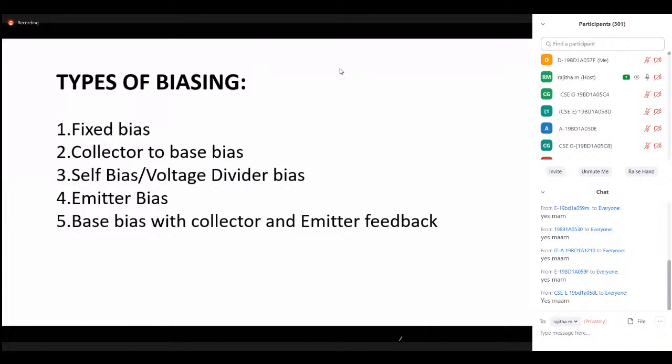In the fixed biasing technique, let me take two fixed voltage sources, or you could also take one.